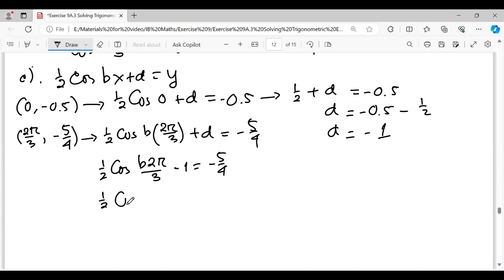So half cosine b 2 pi third, -1 moving to the right side, it means plus 1. So it's going to be negative 1/4.